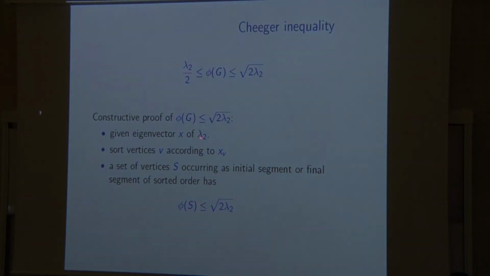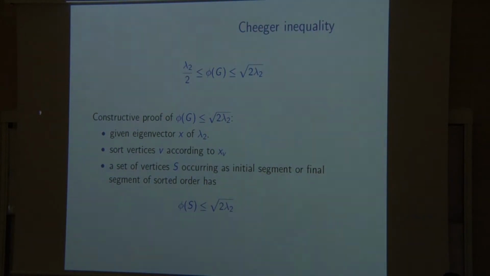And it's a constructive argument that says the following. If we have the eigenvector of lambda 2, we can do the following. Each vector assigns numbers to vertices, so given the eigenvector of lambda 2, sort the vertices according to the value that they take in this vector.